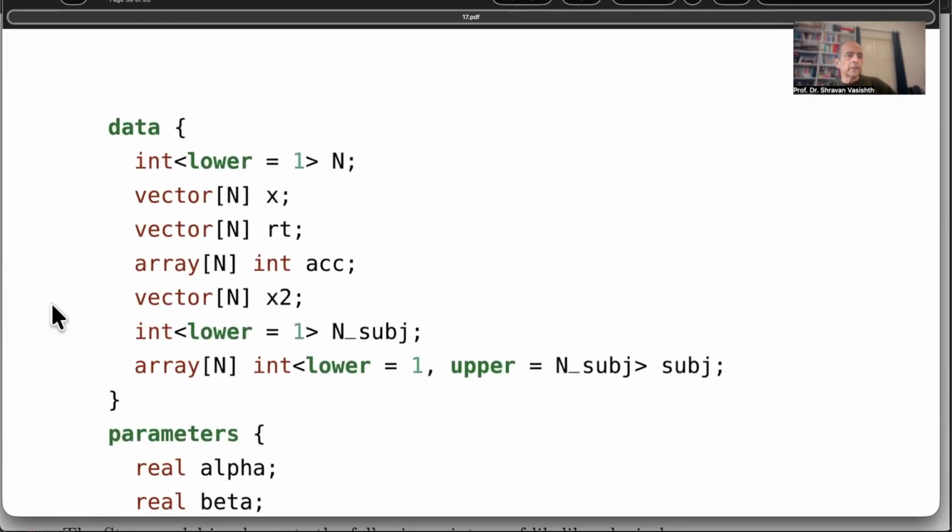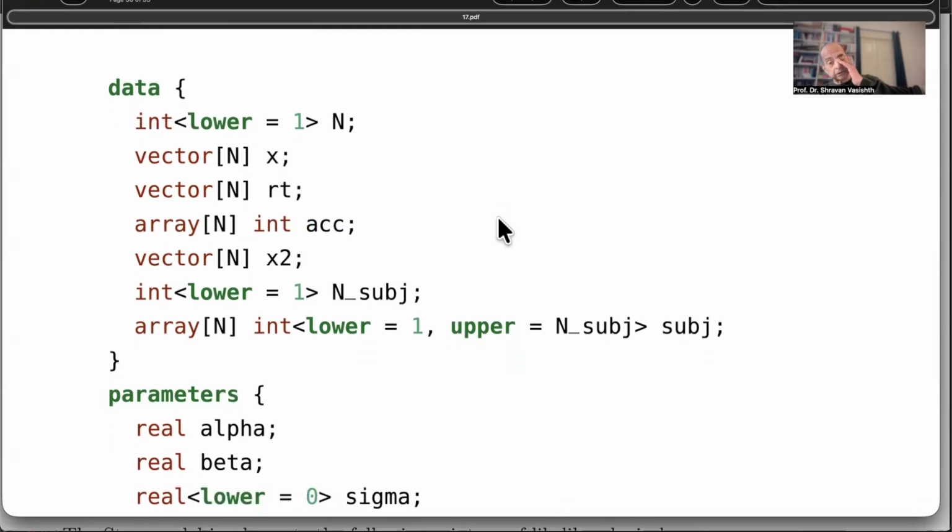The information that goes into the data block is the number of trials, the x vector and the x2 vector, which are the predictors, plus 0.5, minus 0.5, and the dependent variables. Notice that the reaction times are real numbers, so they are a vector. Arrays are used for accuracies because they are 0, 1 integers, so you don't need real numbers there.